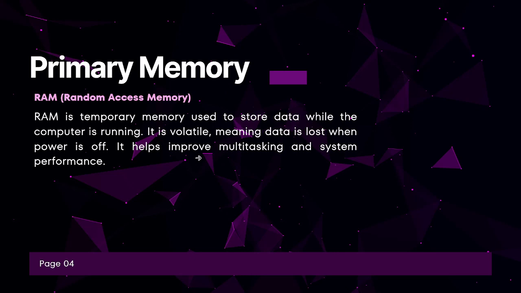So the more RAM you have, the better your computer can handle multiple tasks at the same time. That's why if your computer has a big amount of RAM, you can do more than one task at the same time comfortably without lagging.